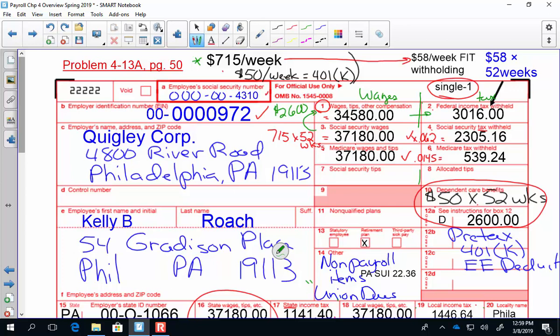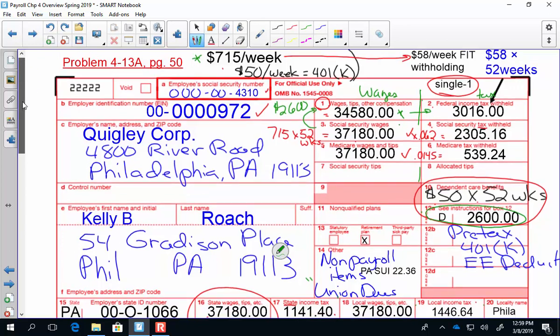So that's why there is a smaller amount for this number as far as taxability. Pre-tax means I get a break on my taxes. Well, the only tax I get a break on is my federal withholding income tax. So what we do on the paycheck, we have to do on the W-2, right?